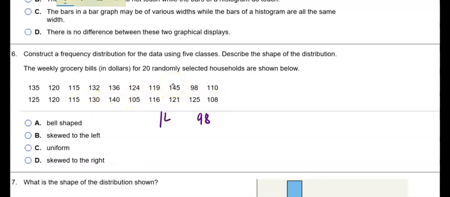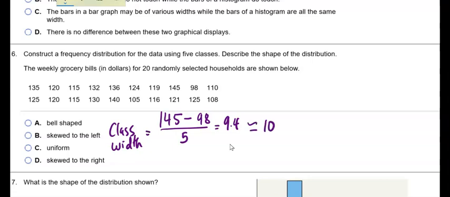So if you subtract 98 from 145 and divide by the number of classes we want, which is 5, you get 9.4. That's about the class width. So we can use 10 as the class width. Then you have to find the starting point.